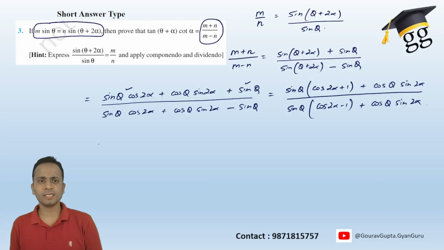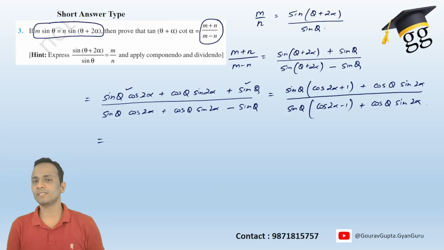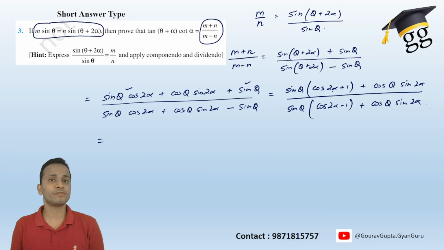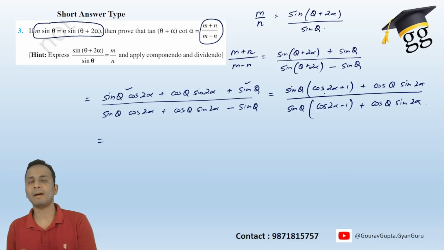Now in the numerator and the denominator, look at the terms inside the bracket, both of them. First of all, in the numerator you have cos 2 alpha plus 1. Now remember the formula of cos 2 alpha: cos 2 alpha is 2 cos square alpha minus 1.